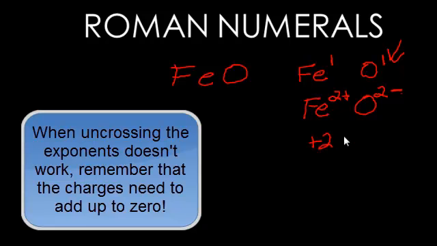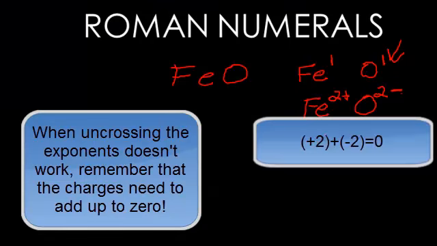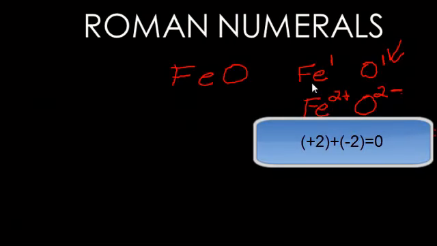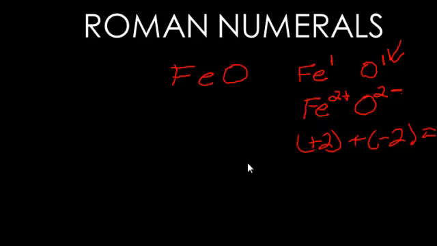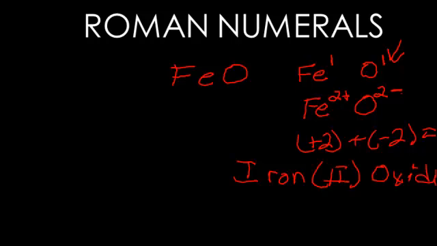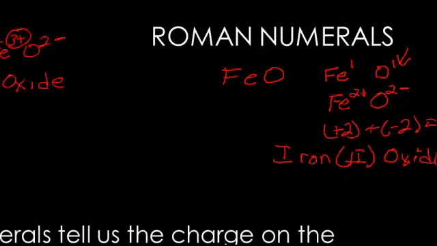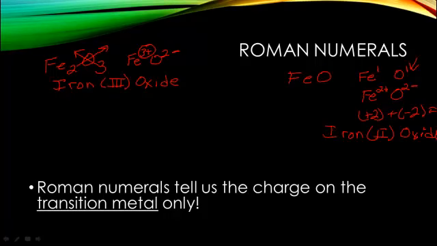So +2 plus -2 equals 0. So this must be the iron with a +2. So its name is going to be iron 2 oxide. So that is how you name with Roman numerals. Now remember that Roman numerals are only telling you the charge on the transition metal. It doesn't tell you anything about the other element.